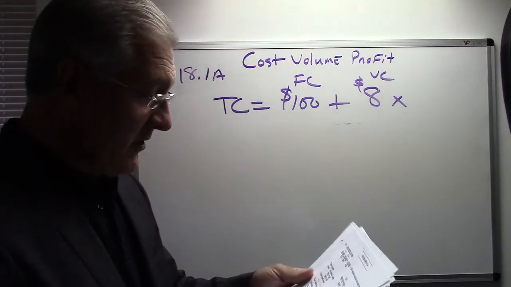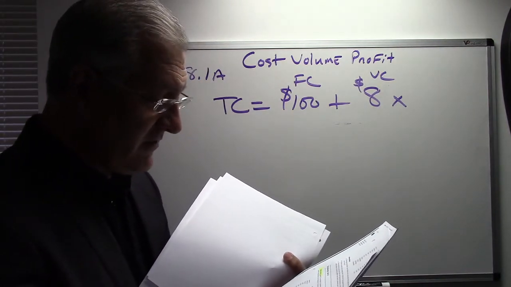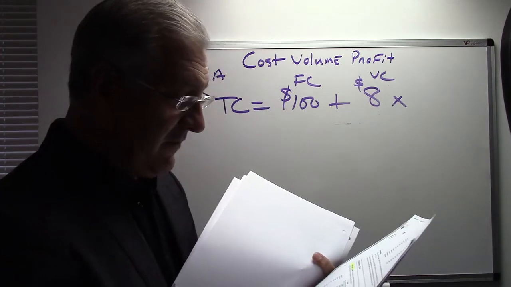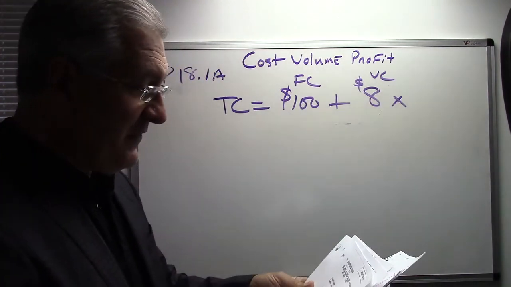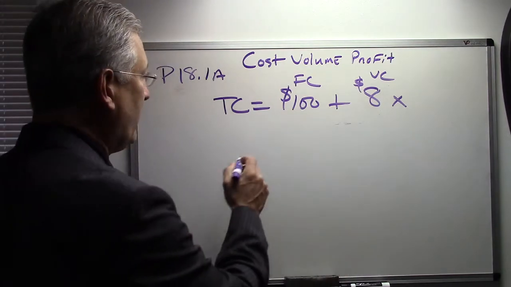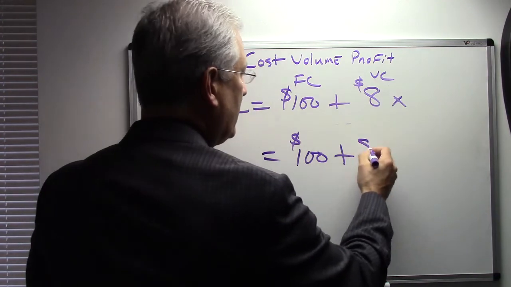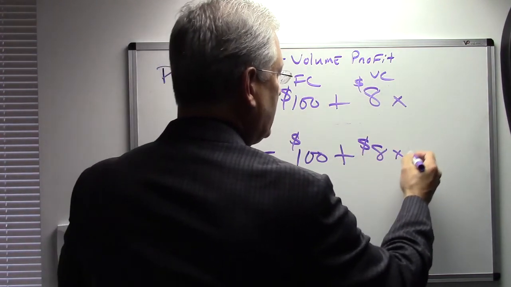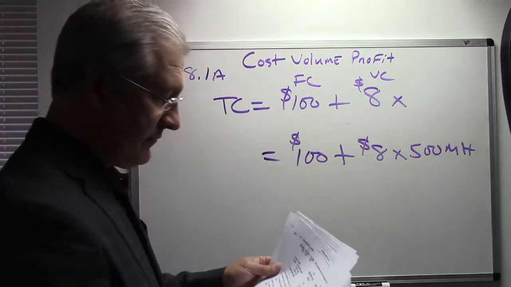So let's take a look at that first question where they ask, what electricity cost does the cost equation estimate for a level of activity of 500 machine hours? So for 500 machine hours, the total cost is going to be $100 plus $8 times 500 machine hours.